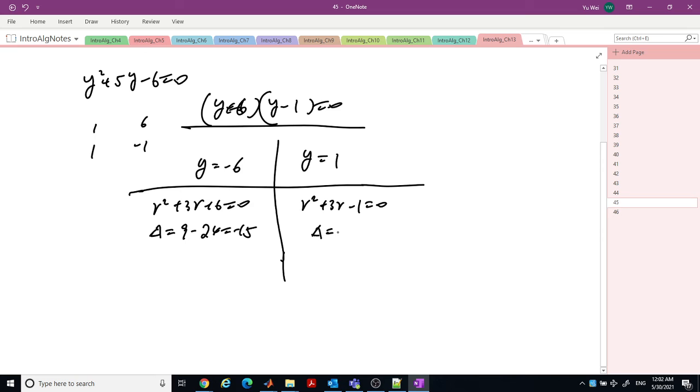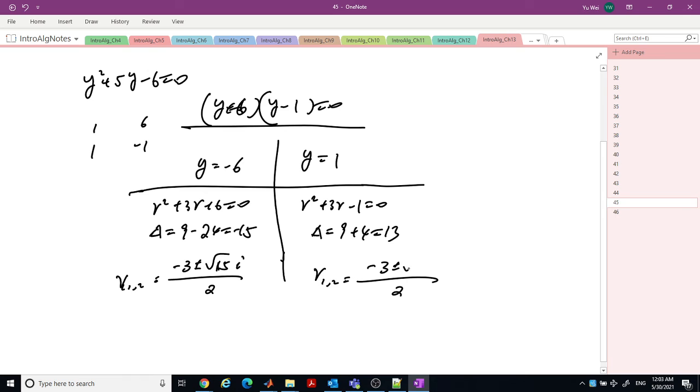For this one, it is 9 plus 4, which is 13. So here the roots r1, r2 for this equation are negative 3 plus minus root 15 i over 2. For this one, r1, r2 is negative 3 plus minus root 13 over 2.